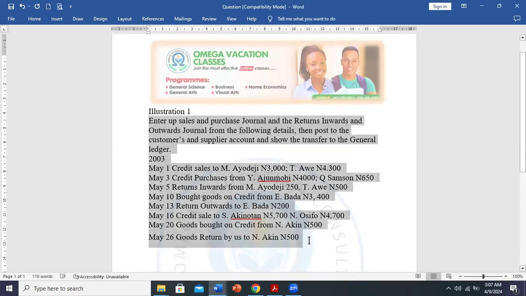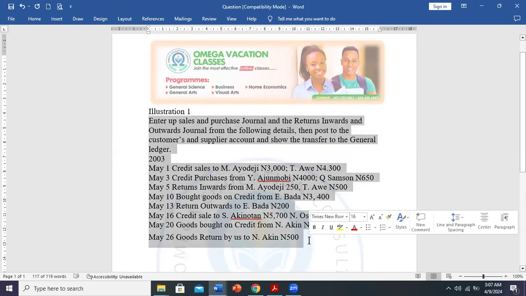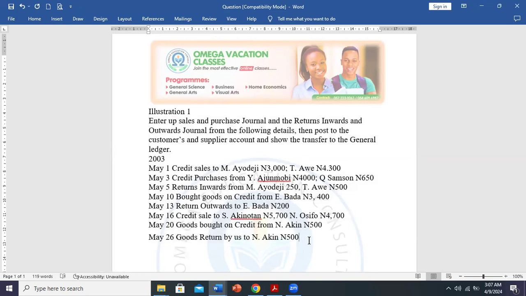Illustration 1. Enter up sales and purchase journal and the return inwards and outwards journal from the following details. Then post to the customers and supplier account and show the transfer to the general ledger. 2003, May 1st, credit sales to M. Ayodeji, 3,000 naira, T Away, 4,300 naira.